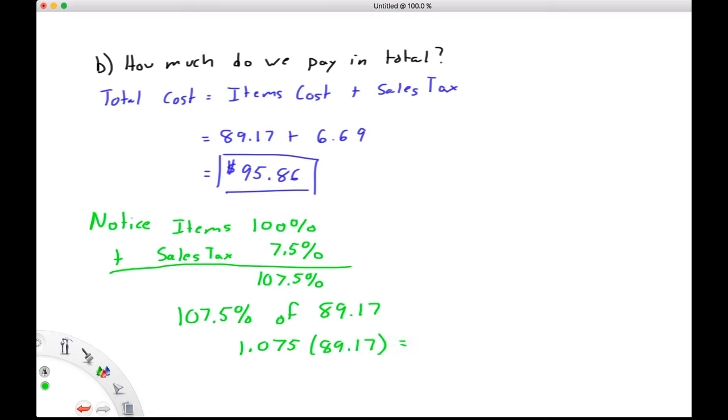If you plug this into your calculator, let's see, 1.075 times 89.17, what you'll find is that this is equal to 95.86 as well. And that's really interesting, and it's not just a coincidence that this is true.